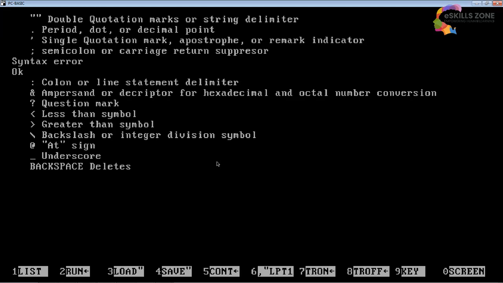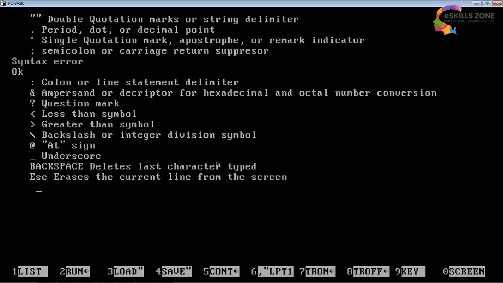It deletes the last character typed. And the next one is ESC. It's available on the keyboard as well. It erases the current line from the screen.